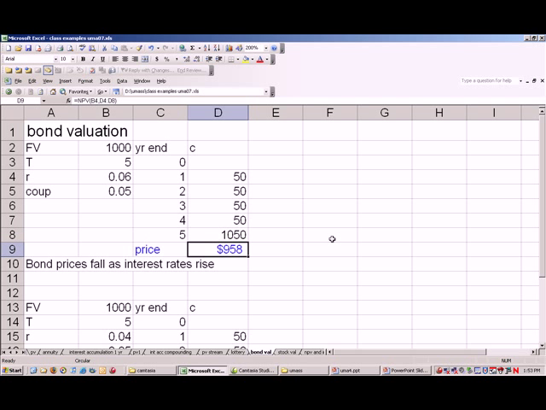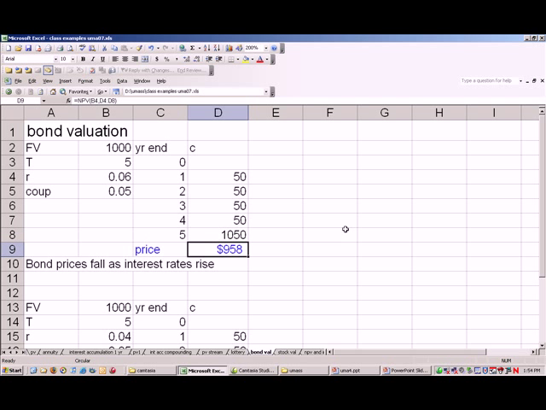A third important interpretation is that bond buyers who purchase these bonds from Dandy Crowing Company for $958 and receive $50 per year in interest payments for the next 5 years, and $1,000 at the end of 5 years, will effectively earn 6% on their money.